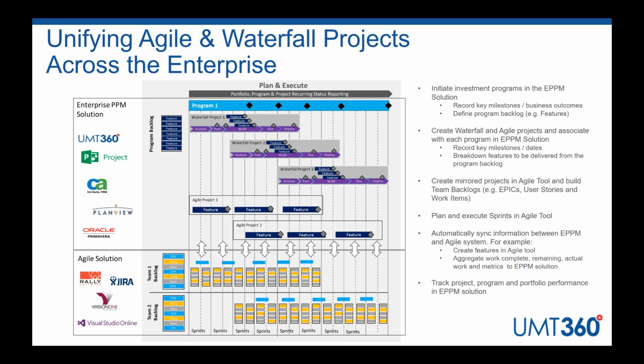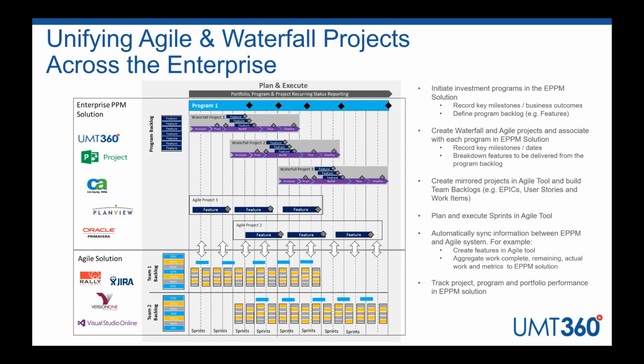Now, those key features can be delivered through Waterfall projects, as we see here, and we're also capturing key milestones through these projects, projects 1, 2, 3, 4. We also want to understand the features being delivered by the Agile projects. In this case, we're simply creating Agile projects at a high level with a macro schedule confirming when we believe these key features are to be delivered. Now these features become a bridging point.